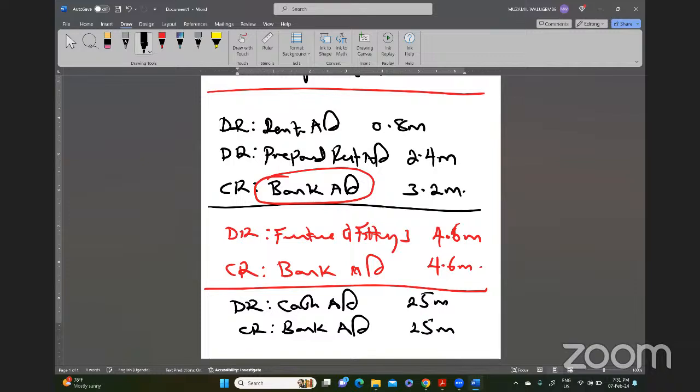I think this is okay. Is this okay for everyone? You're withdrawing money from the bank. It is coming into cash form. So cash is increasing, bank is reducing.